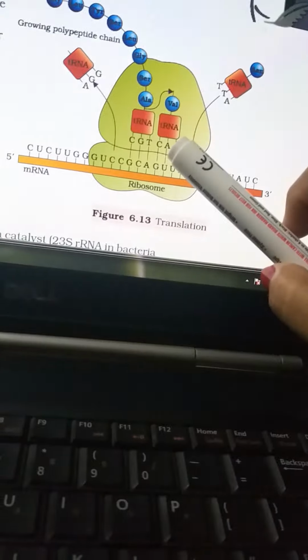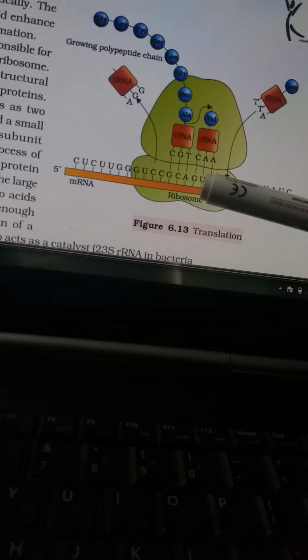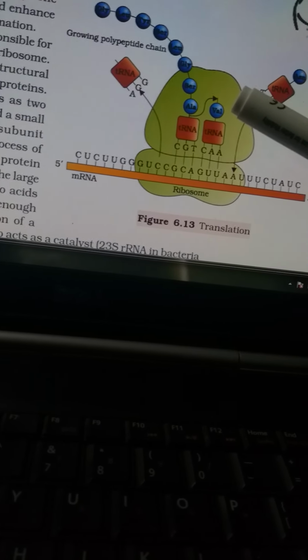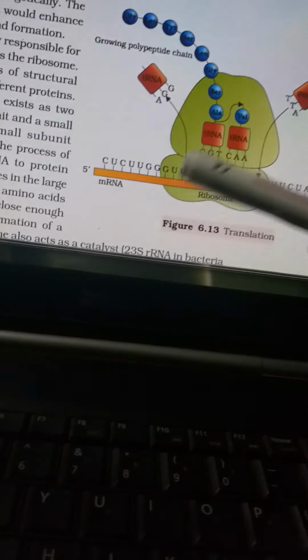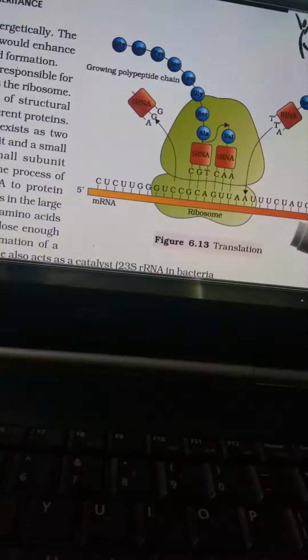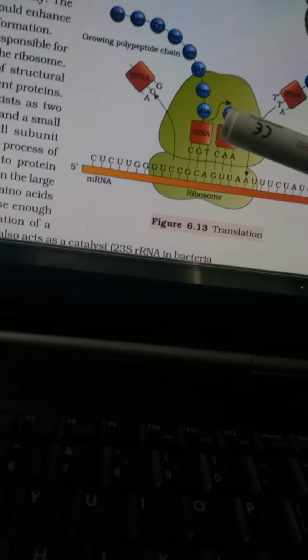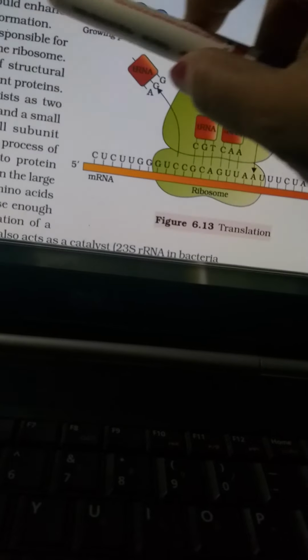Again it comes here. So this is how it works, and see, this is within the two subunits, that is 70S, 50S and 30S, the smaller unit and the bigger unit. To the smaller unit the mRNA gets attached, and to the bigger unit the tRNA is attached, and the polypeptide chain is formed outside the ribosome.